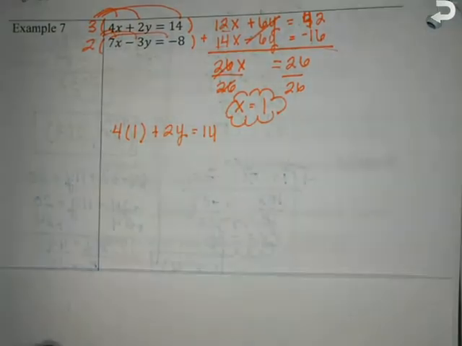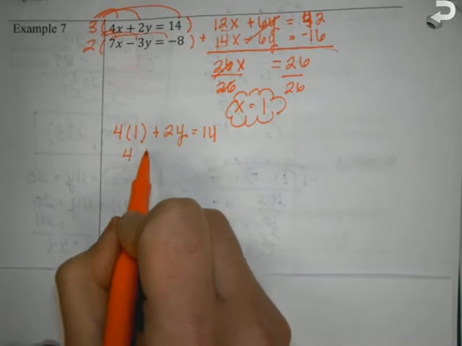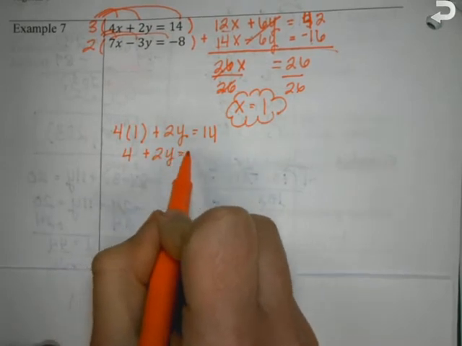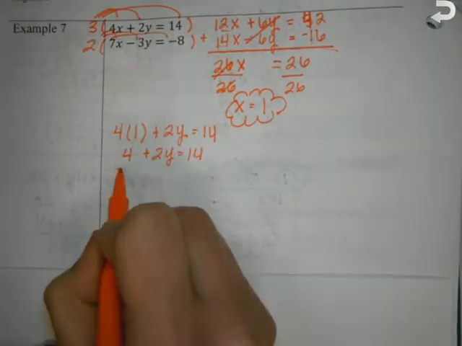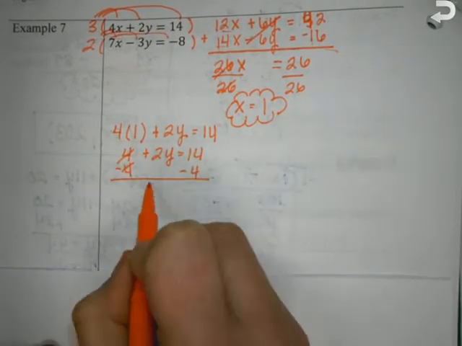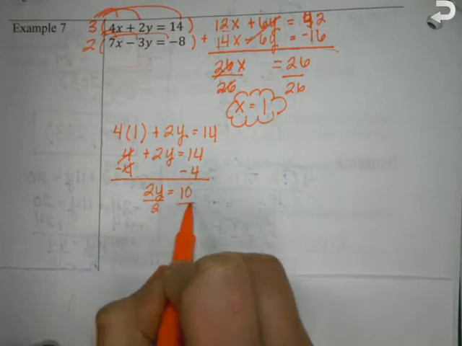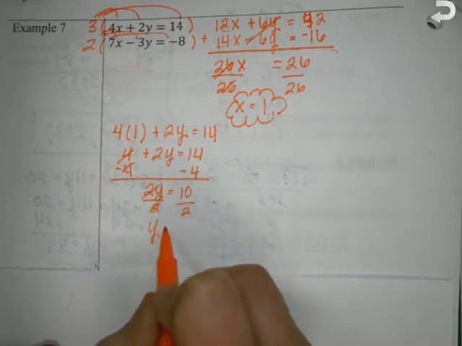So that is 2y equals 10. Divide by 2, so y equals 5. Okay, so how do I write this as an answer? 1, 5 in parentheses. I was just about to say that.